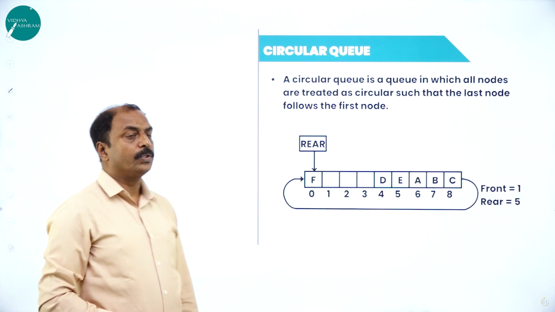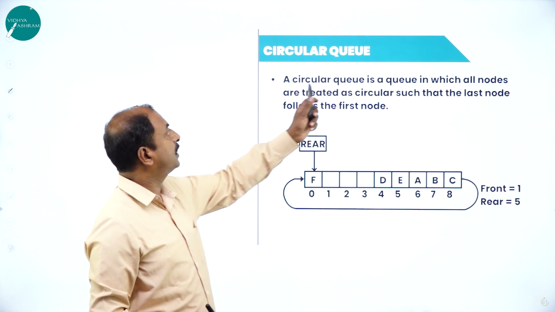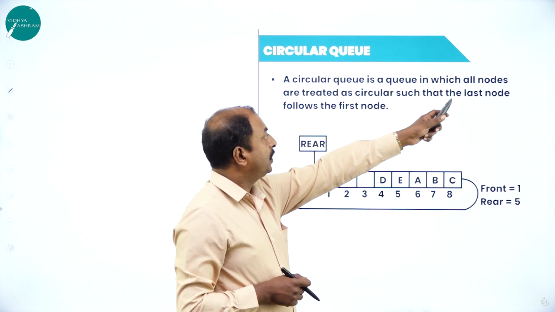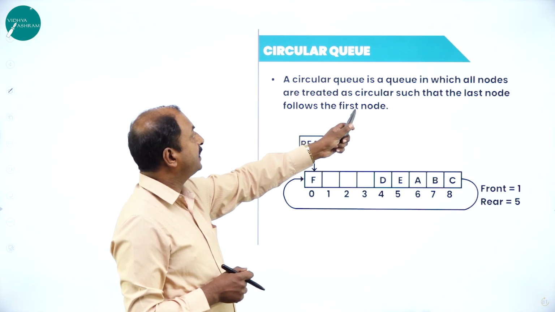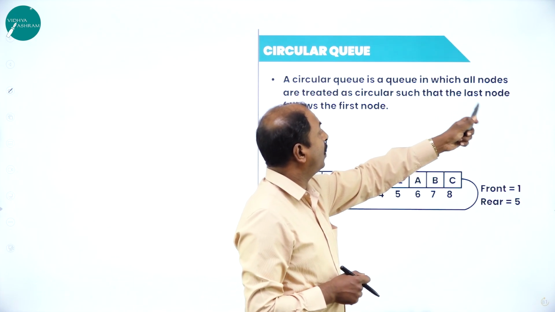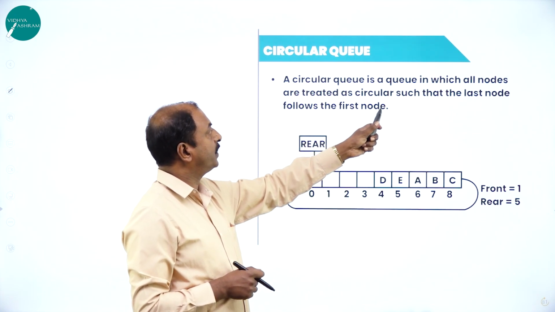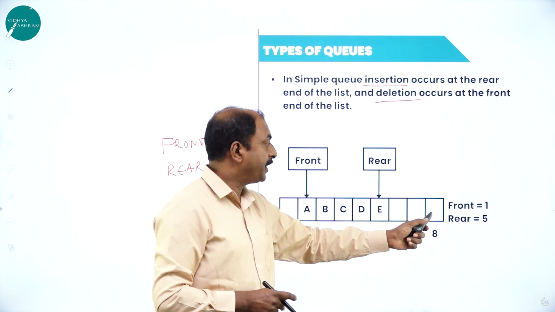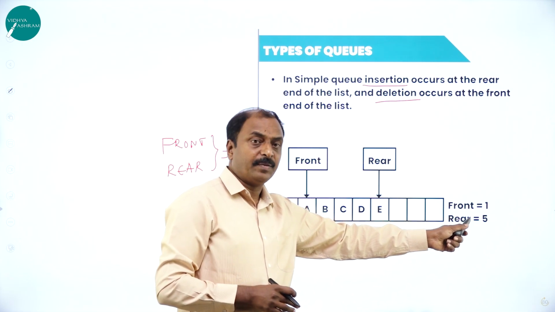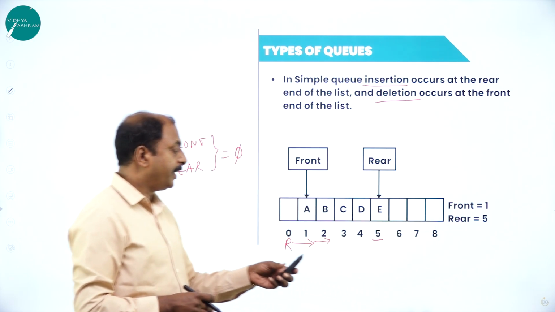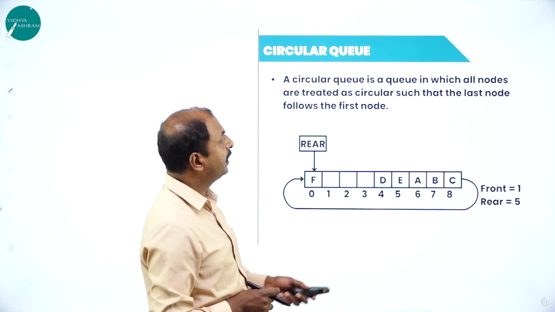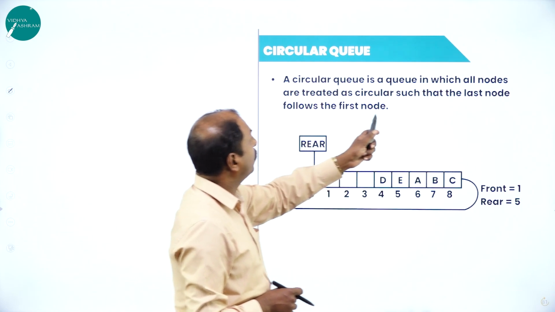Now let us look into another type of queue, that is the circular queue. What is a circular queue? It is a queue in which all the nodes are treated as circular such that the last node follows the first node. In this example, this is the last element, and it is pointing to the next element. As per the definition, the last node follows the first node.